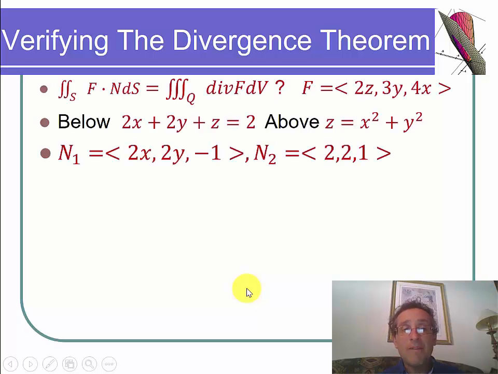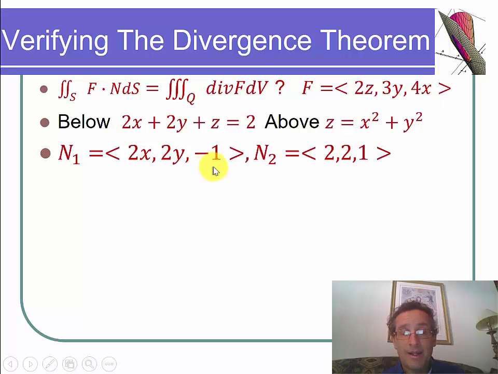Let's start out by finding the unit normal vectors for each of these two surfaces. Because when we're talking about the surface integral, there's two pieces. There's the planar region, and then there is the paraboloid. First, for the region on the paraboloid, that's the bottom piece, and the normal vector points downward.